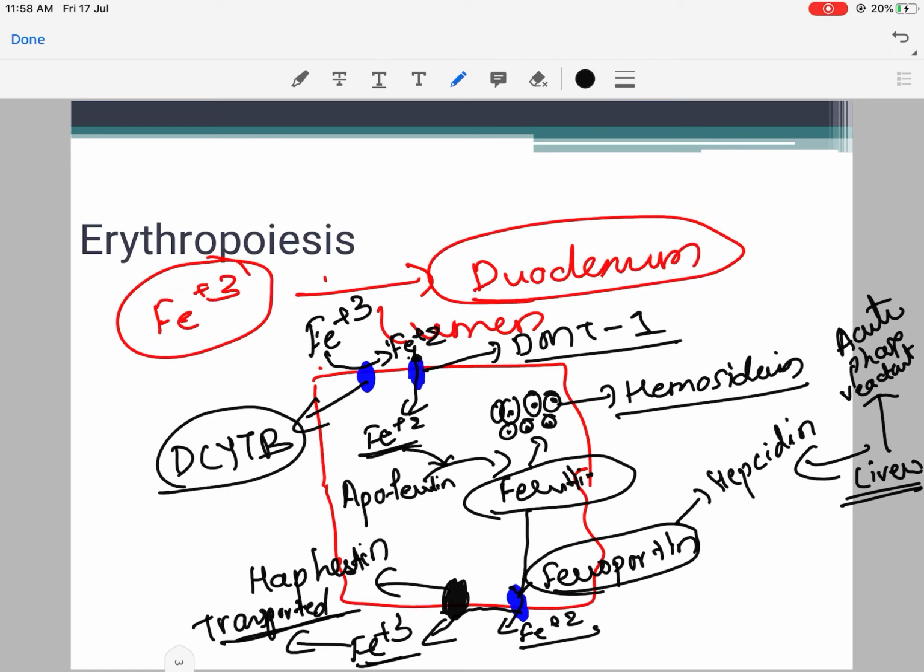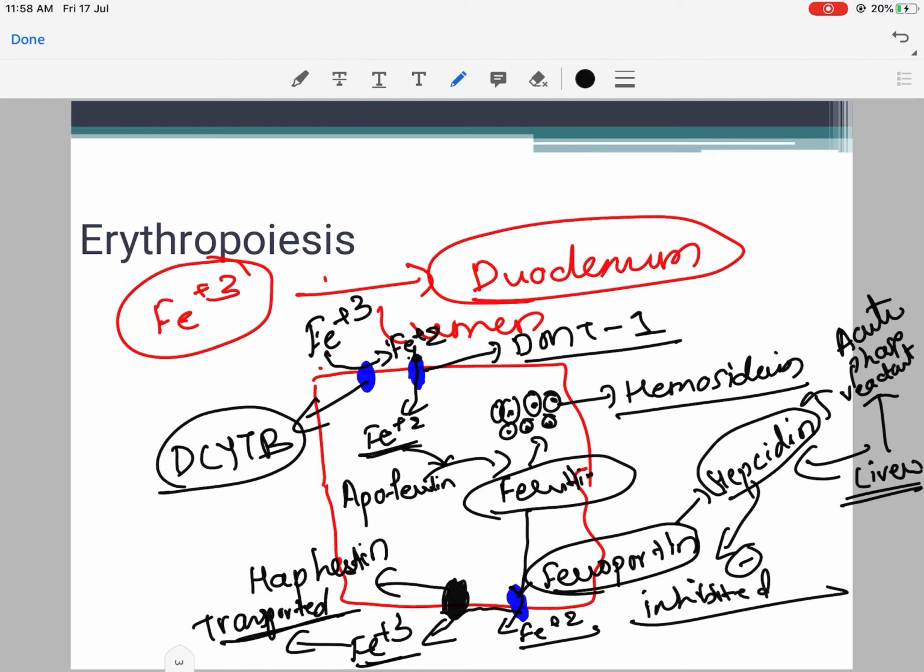So what this molecule does is that it has a negative control over ferroportin. So when hepcidin levels are high, iron absorption is inhibited because ferroportin is inhibited.